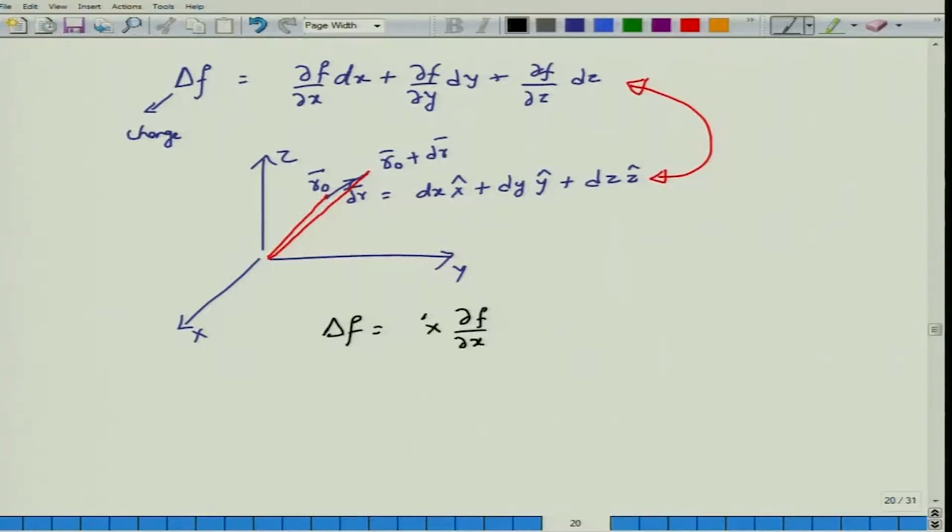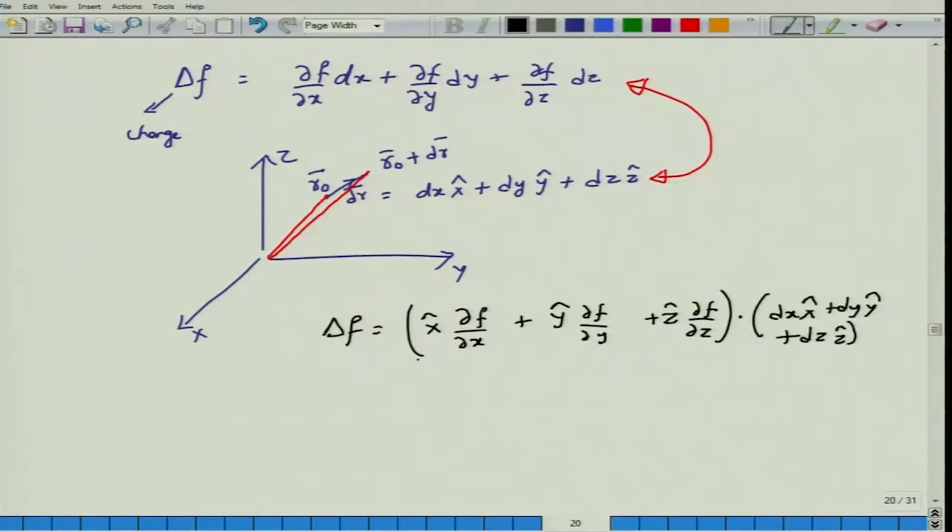I will call this x hat del f by del x plus y hat del f by del y plus z hat del f by del z, all these partial derivatives being evaluated at the point r0, and then I take a dot product of this with the displacement vector dr, which is dx x hat plus dy y hat plus dz z hat. The net result is the same because x dot x will give you del f by del x dx plus del f by del y dy, because y dot y is one, x dot y and x dot z are 0, similarly y dot x and y dot z are 0, and so on.